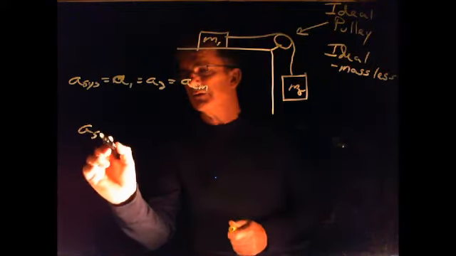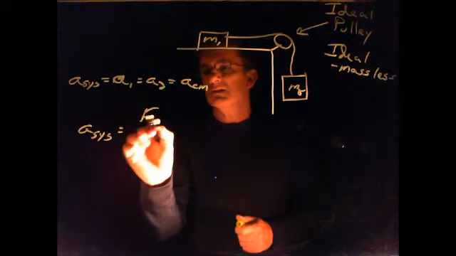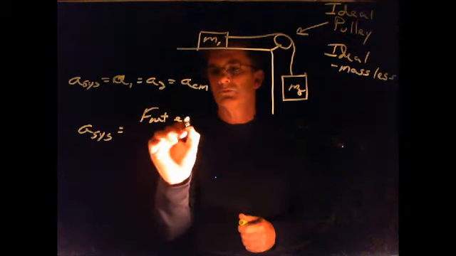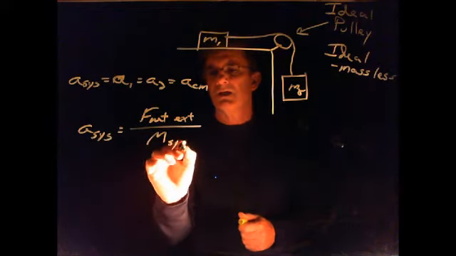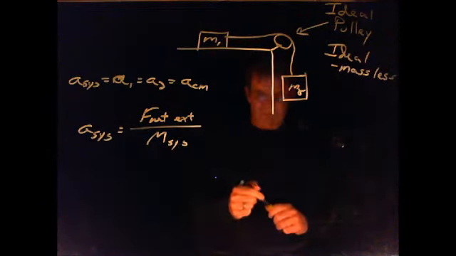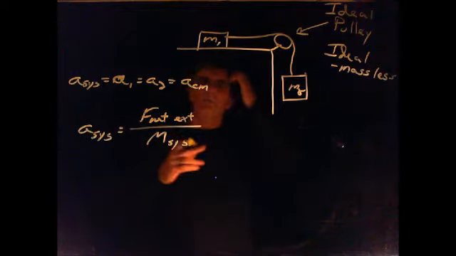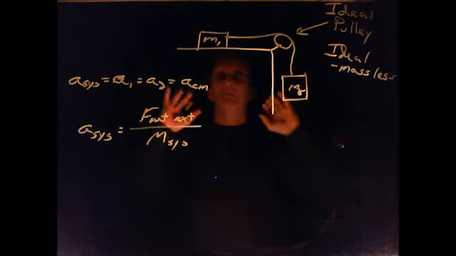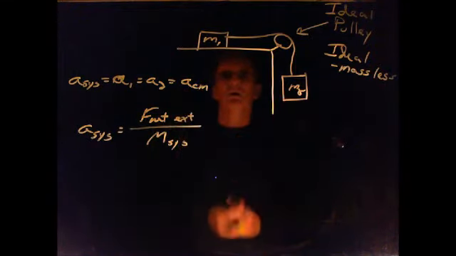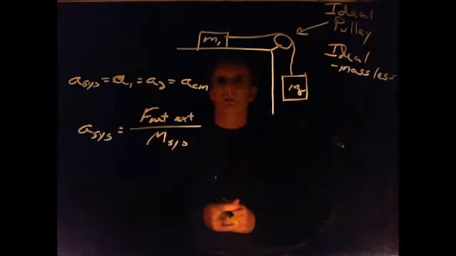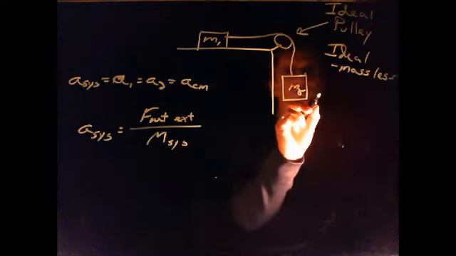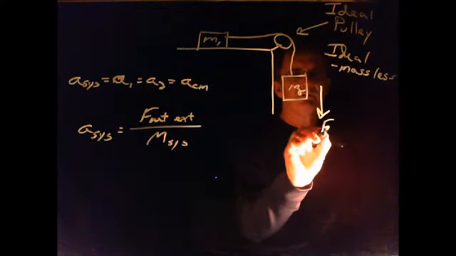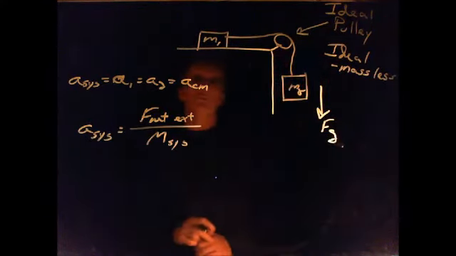The acceleration of the system is the net external force divided by the total mass of the system. I like to think of this force as we have to account for all the forces that are affecting the motion of this system. And so really the only force affecting the motion is gravity pulling M2 down.